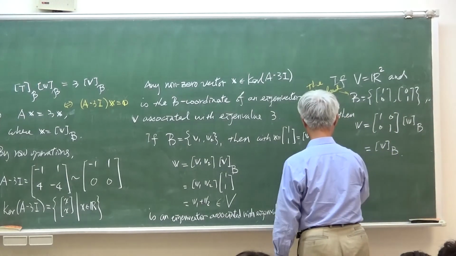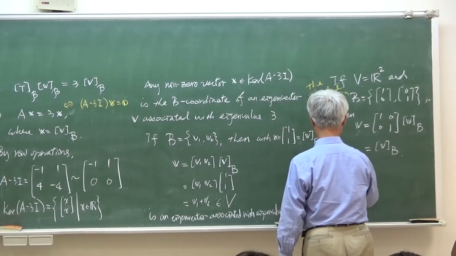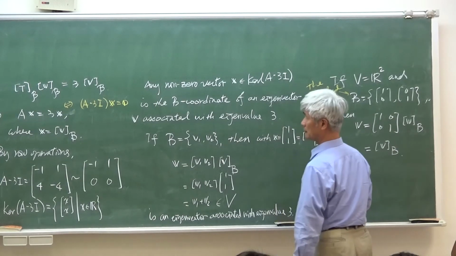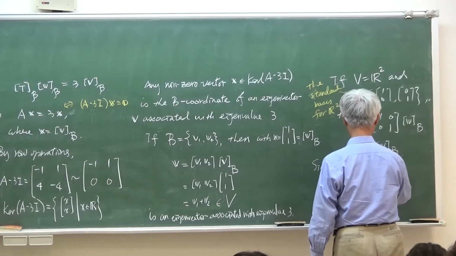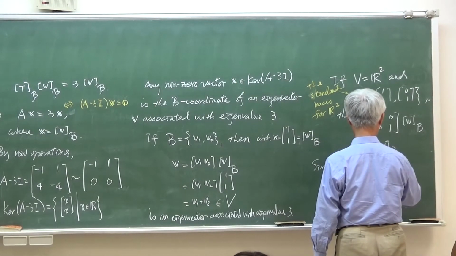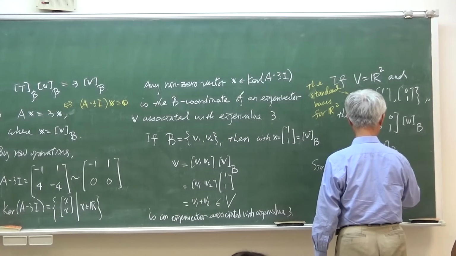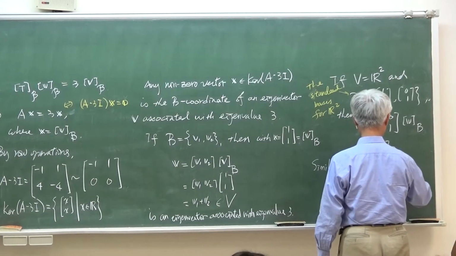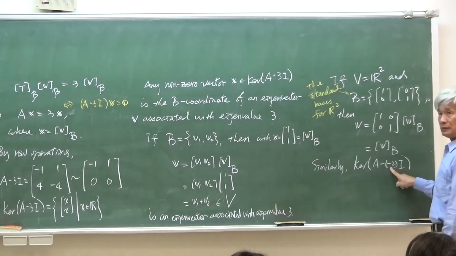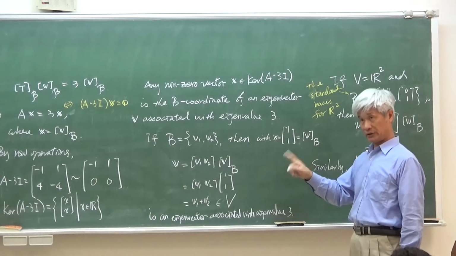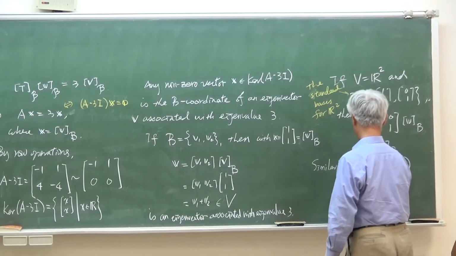Similarly, find the kernel of A minus (minus 2)I, corresponding to eigenvalue minus 2. And what is that?